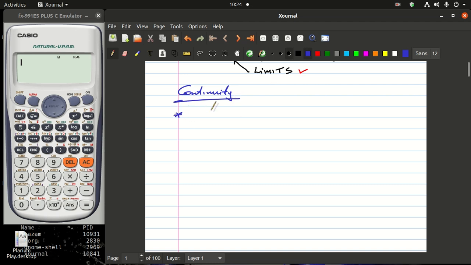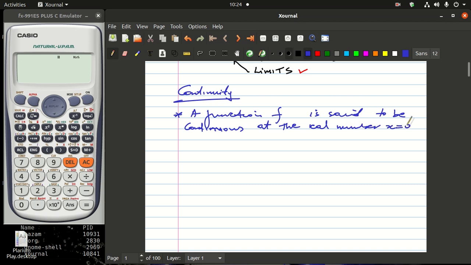When we're dealing with continuity, we said that a function, I'm going to call this function f, is said to be continuous at the real number x is equal to a if 3 conditions are met.